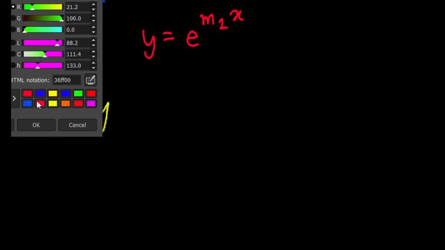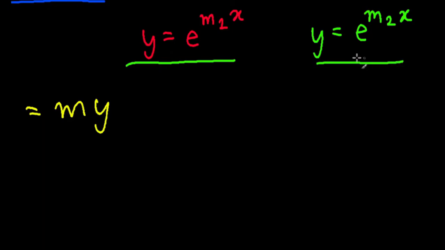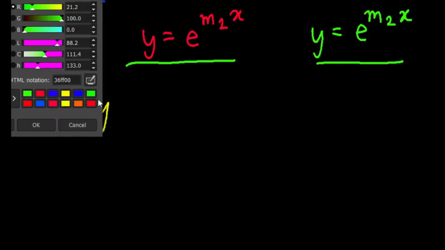Again, same thing with m2: y equals e to the power m2x. That's another solution. So these two are solutions to my second order linear homogeneous differential equation with constant coefficients.